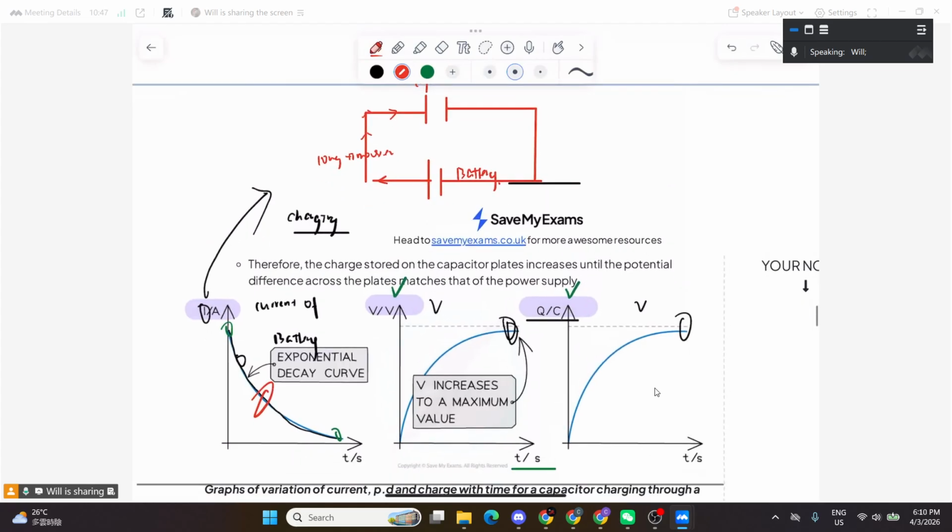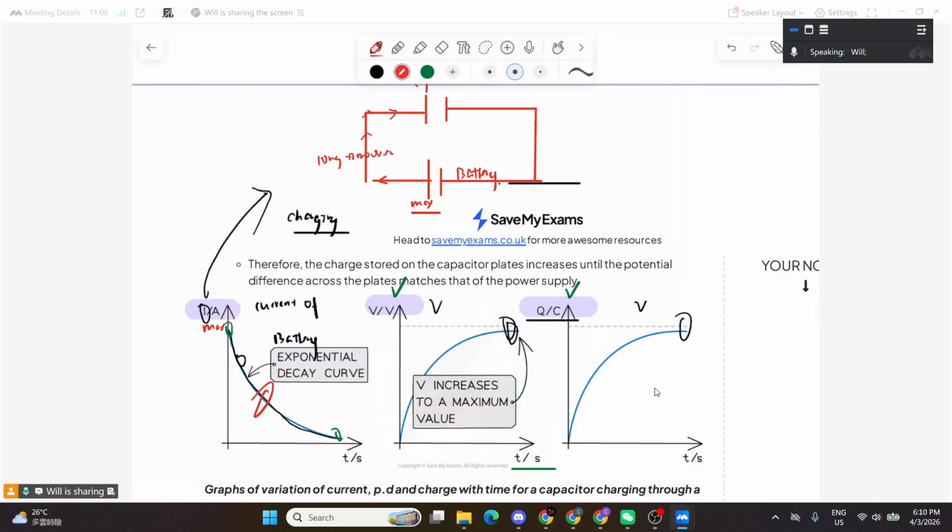At the beginning, the current is maximum, because all the electrical energy is stored in the battery. So at the beginning the current has the maximum.